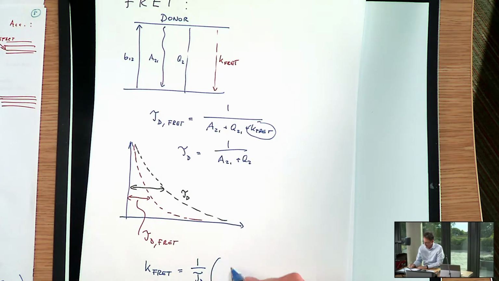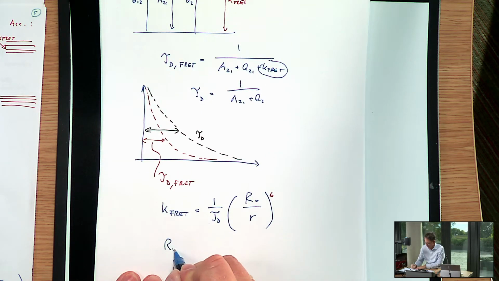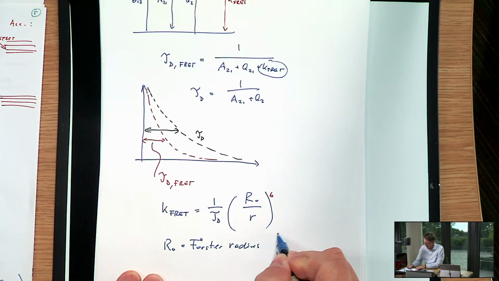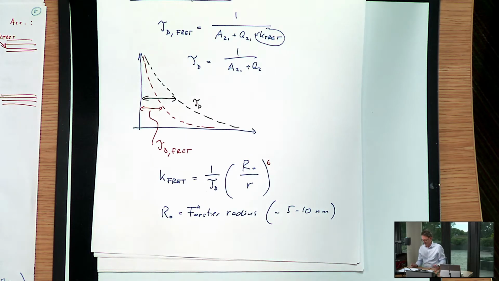And now there's a factor in there, which is R0 over R. And here comes the important part, to the power of 6. Now, R0 here is the Förster radius. And it is typically 5 to 10 nanometers for fluorophores that you use in biology.